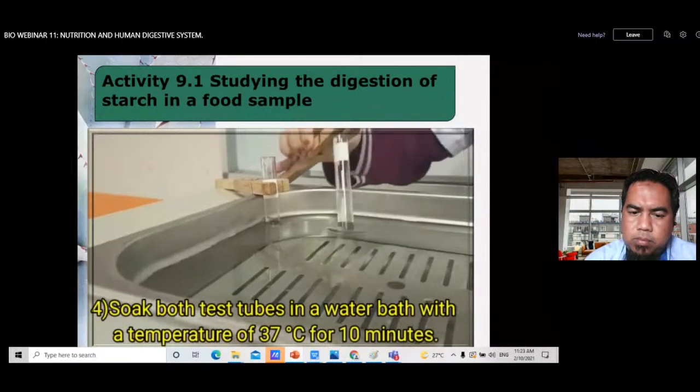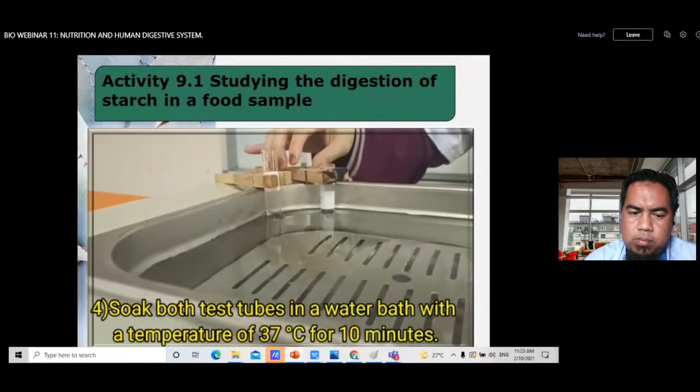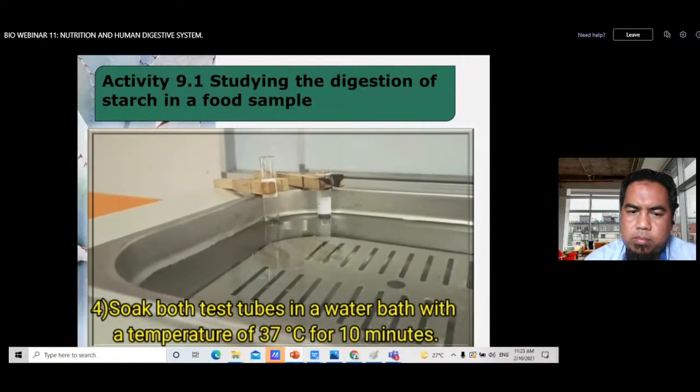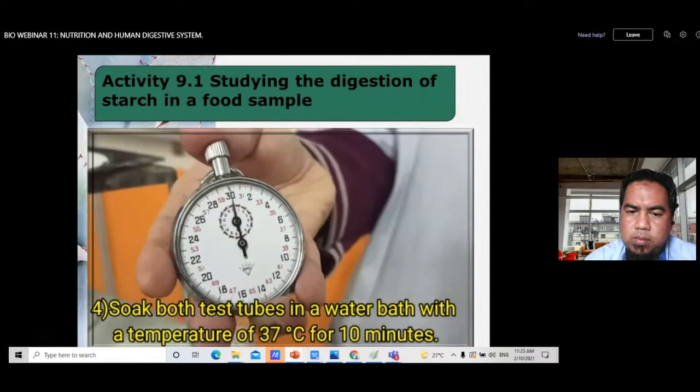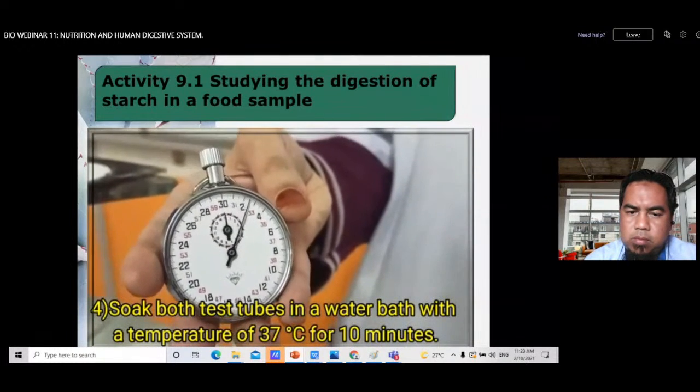Soak both test tubes in a water bath with a temperature of 37 degrees Celsius for 10 minutes.